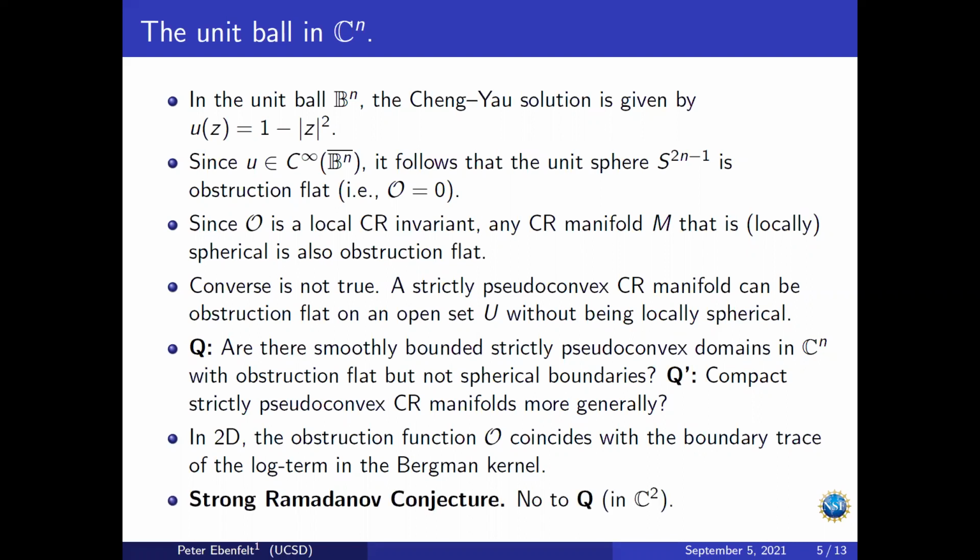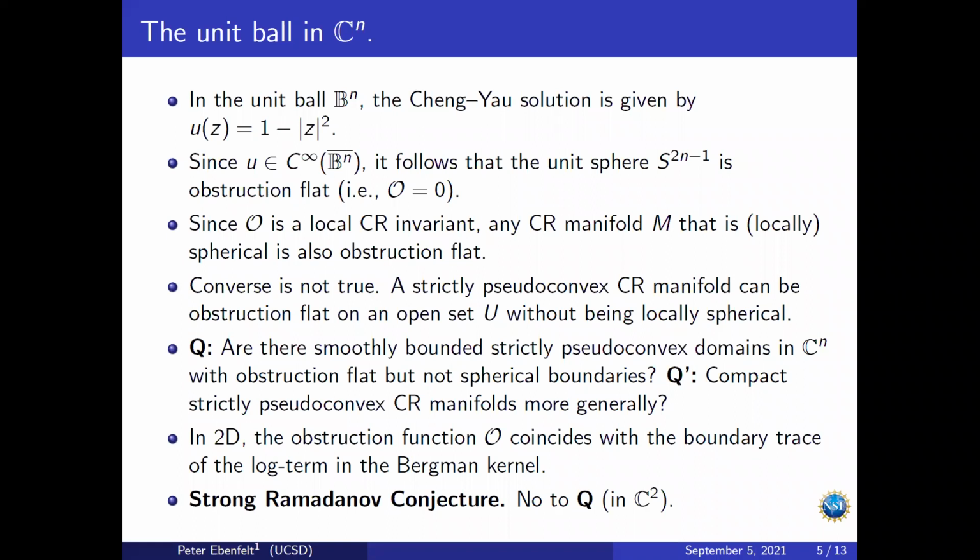And hence, this question Q is related to the Ramadanov conjecture, which asks for what domains it is true that there is no log term at all, or the log term vanishes to infinite order at the boundary. So at least in 2 dimensions, we've been calling this the strong Ramadanov conjecture, namely that the answer to question Q is no in C2.